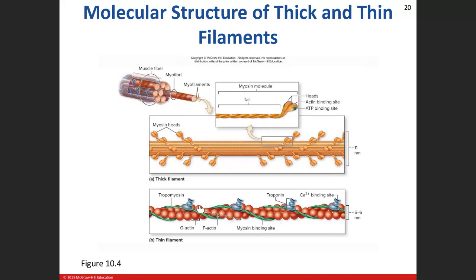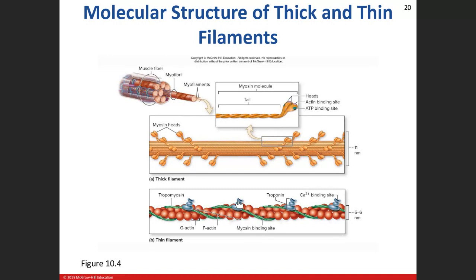Attached to the tropomyosin is the troponin. You see this little cup here? That's where the calcium that we saw in that video will come on and sit. When it does that, it shifts these ropes off of the myosin binding site. So now the myosin head here can attach onto actin.